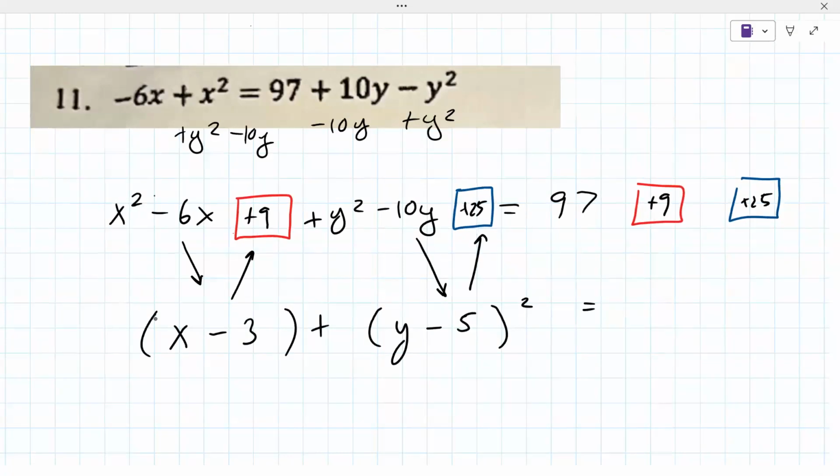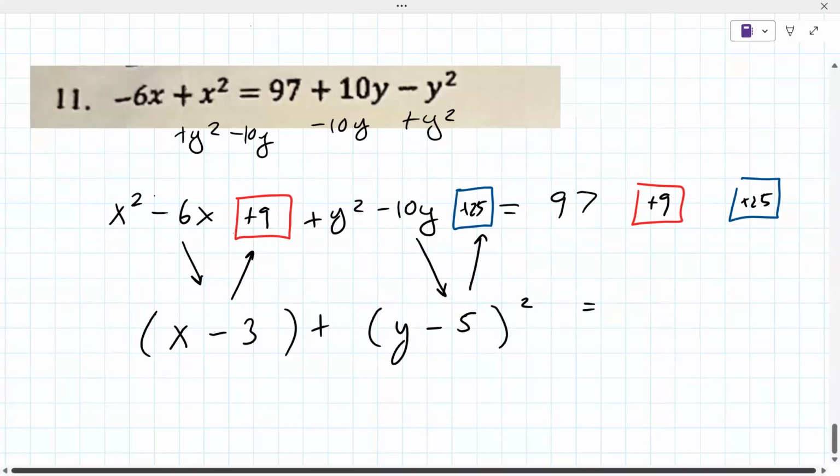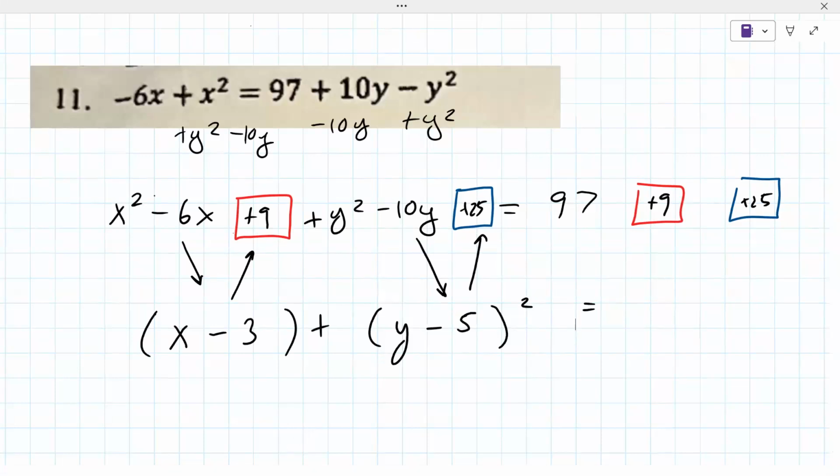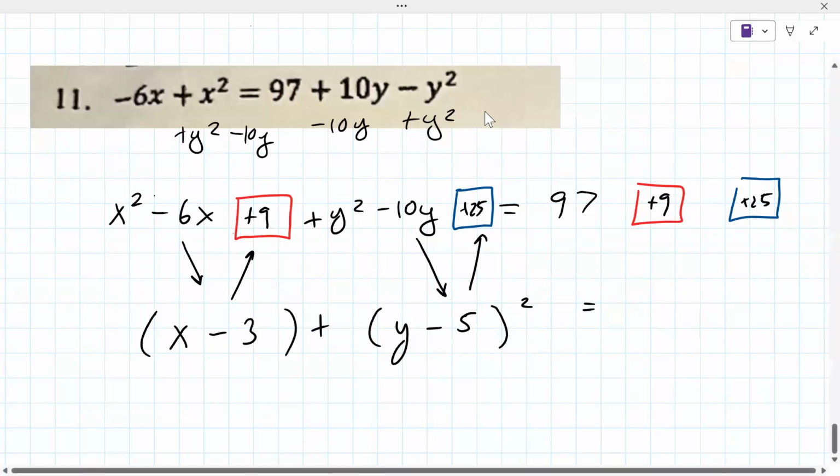Okay, so tell me what the right side becomes. 25 plus 9. 63. You're adding; they're positive. Like a positive on the left, it's positive on the right. Oh, we're adding everything. Yeah.